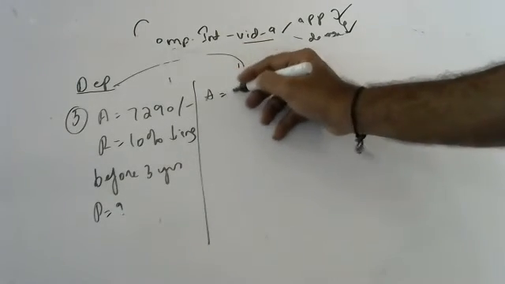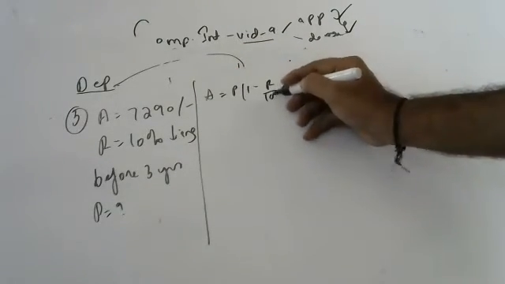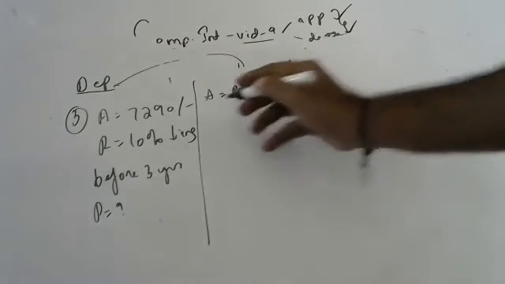Amount is equal to principal into 1 minus r by 100 to the power of n.